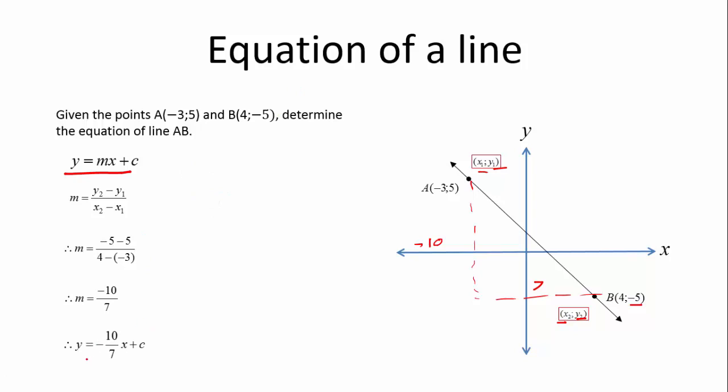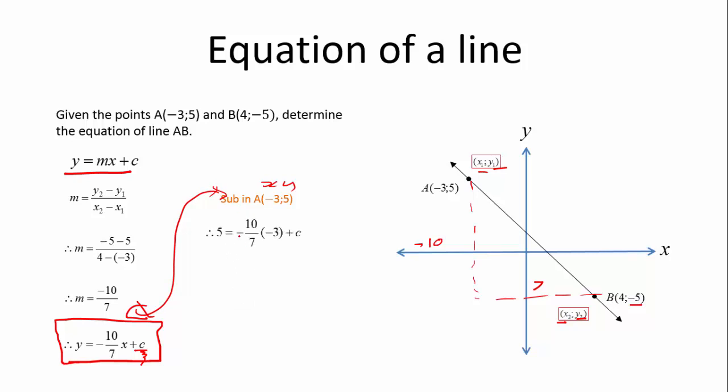So we can update our equation. y is equal to negative 10 over 7 x plus c. But we still don't have a value for c. That's okay, because we can just sub in A, because we know an x and y value. So we say y is equal to 5, x is equal to negative 3.